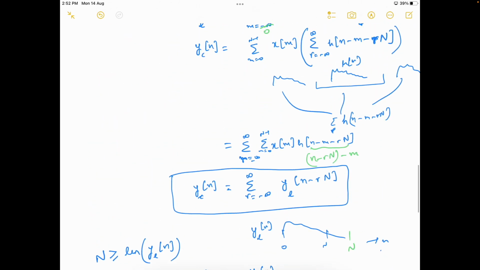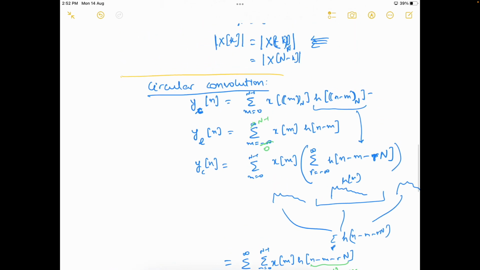The circular convolution is represented in this way. y_c, which is also written as x of n, then a circle, and inside the circle you write capital N, whatever capital N you want to choose, and then h of n. That is how we write circular convolution.